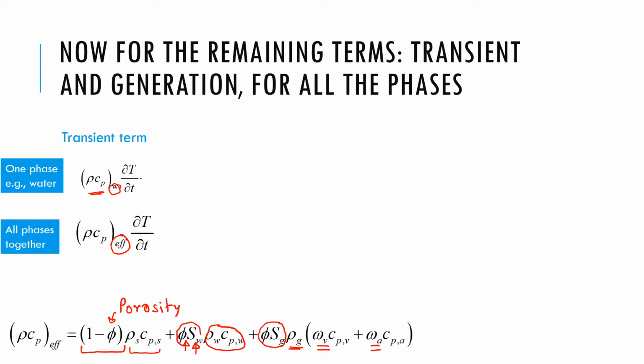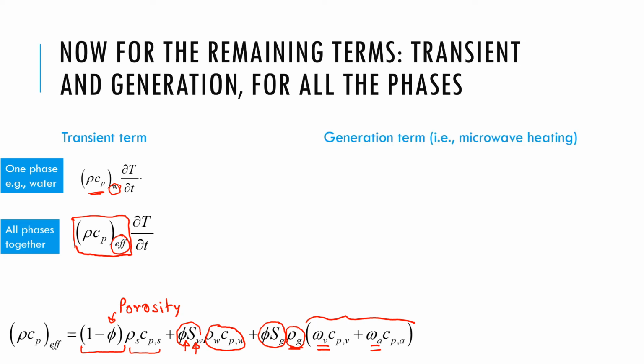So this is the composite heat capacity for the gas times the density of the gas and times, of course, the volume fraction of the gas. So that's how we're going to get the rho Cp effective.